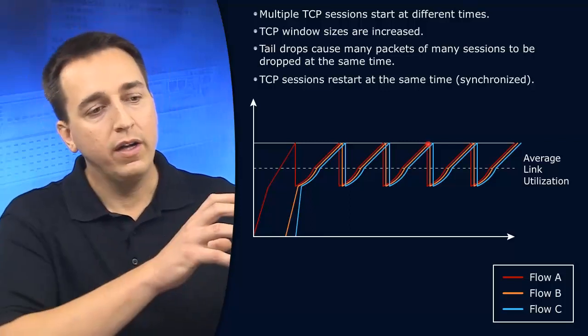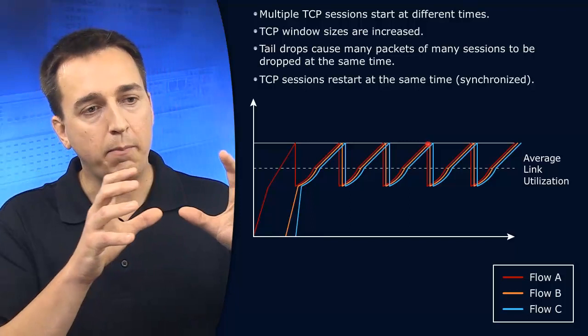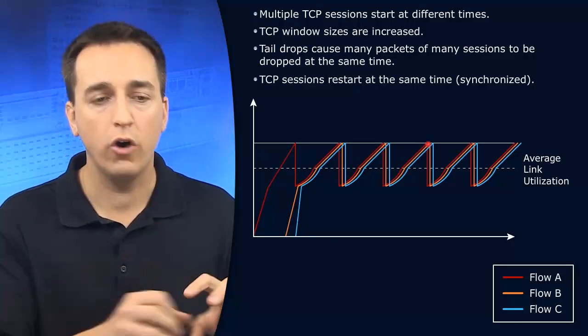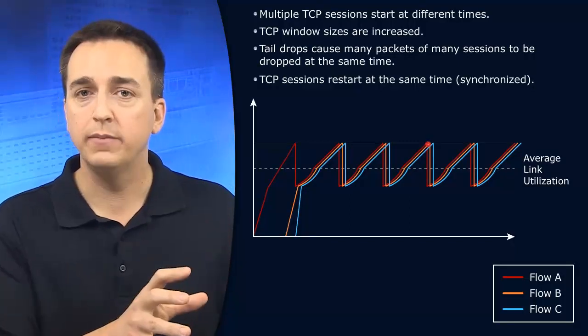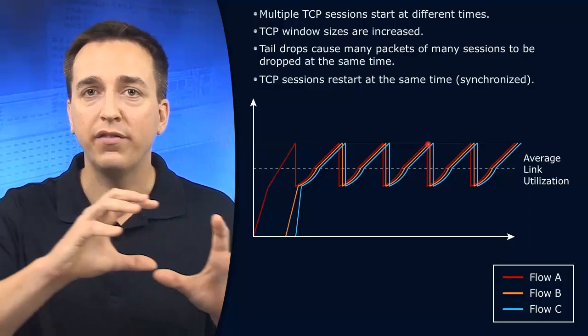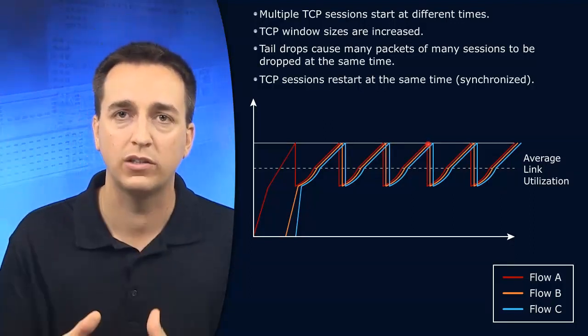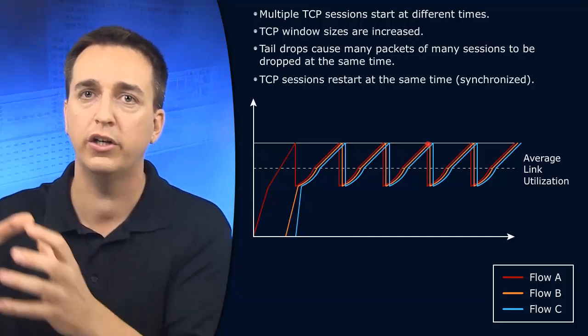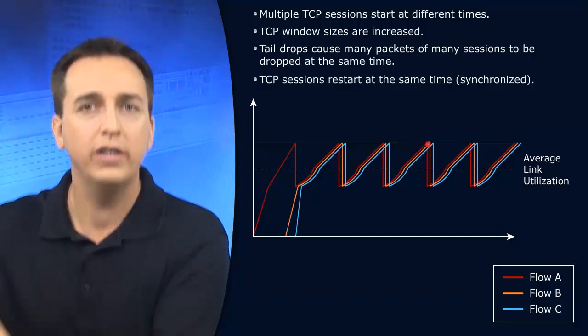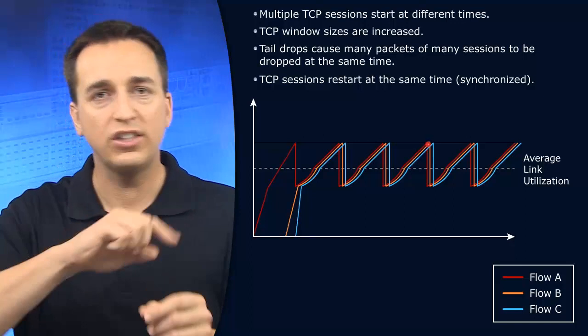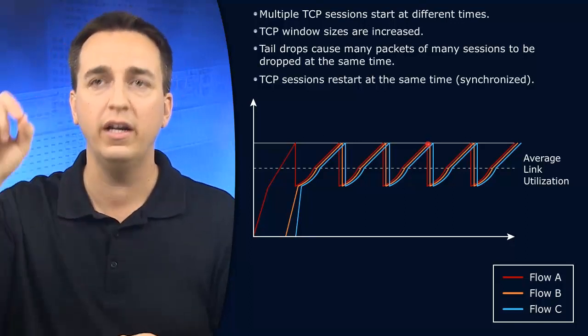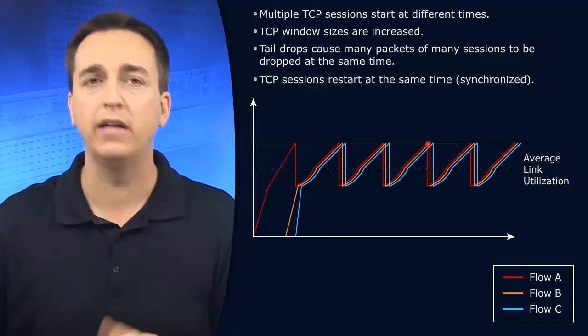So we're going to have these periods of time in our network where everything's fine, and then lots and lots of congestion, everybody backs off, and things are slow. It's just this constant wave of great, bad, great, bad, great, bad, great, bad.